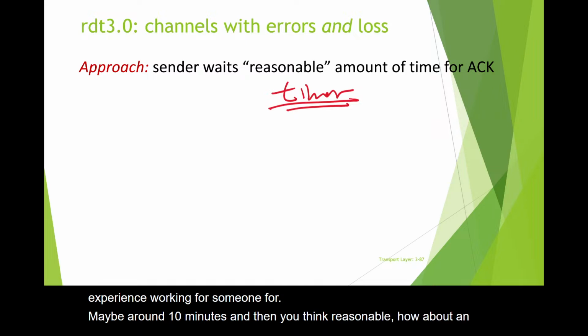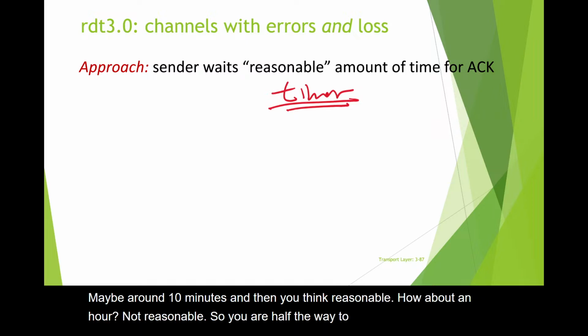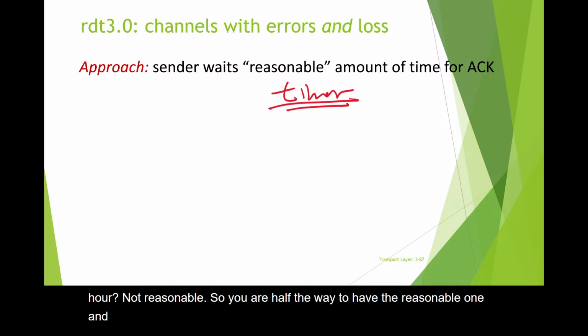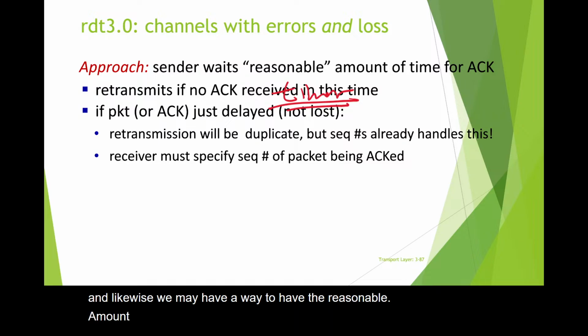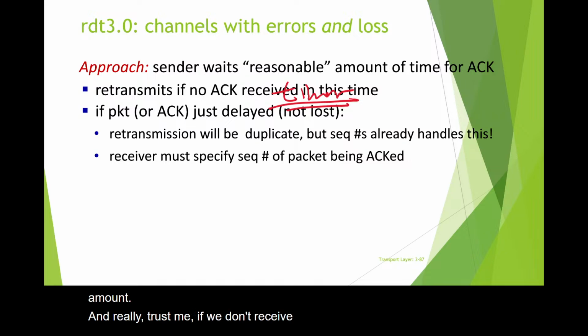So you have a way to judge a reasonable time. Likewise, we need a reasonable amount of time for the timer setting, and we retransmit if we don't receive any ACK or NAK, because we think there is loss.